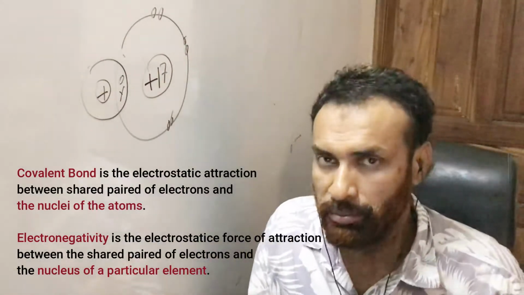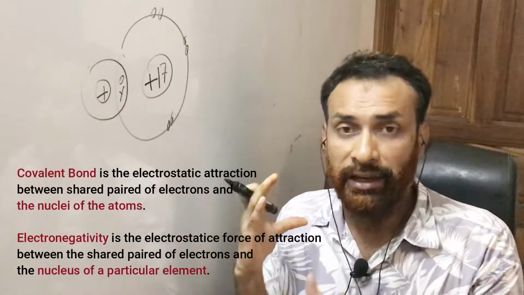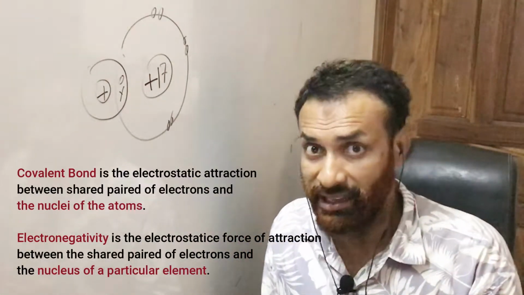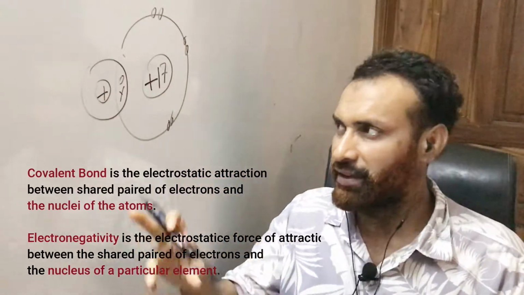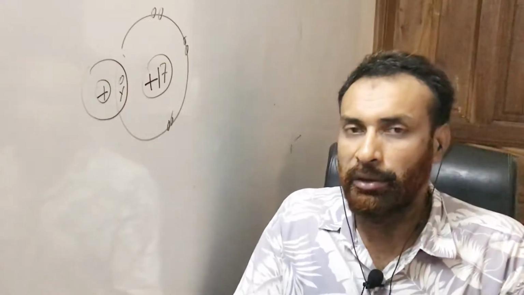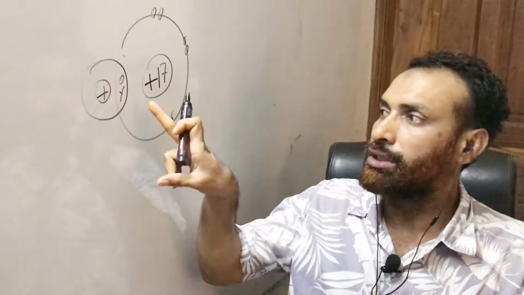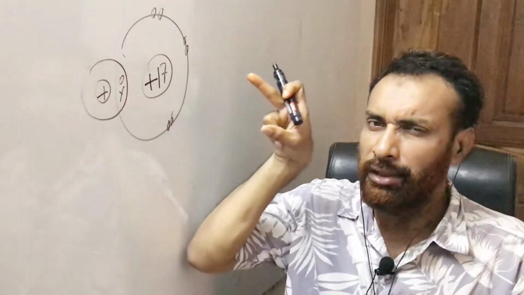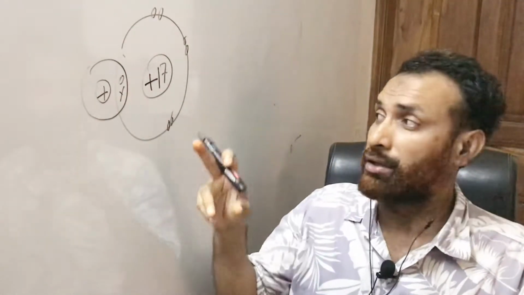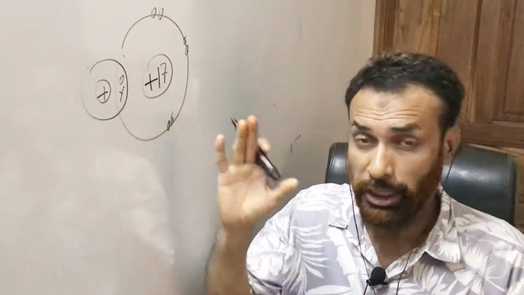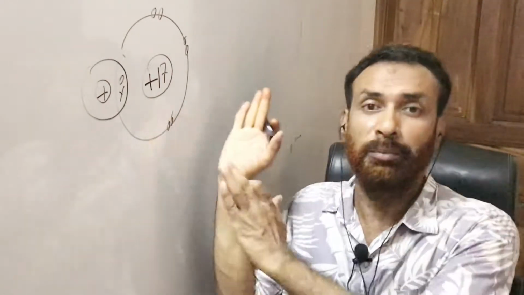So every atom will have a different and individual value of electronegativity. And here we get chlorine will have stronger electronegativity than hydrogen. And when this happens, the shared pair will not be in the middle of the nuclei, because it is more attracted by one of the atoms. So the shared pair will move towards one of the atoms.